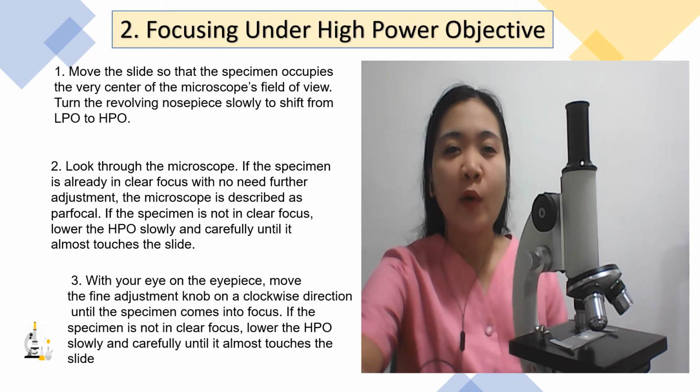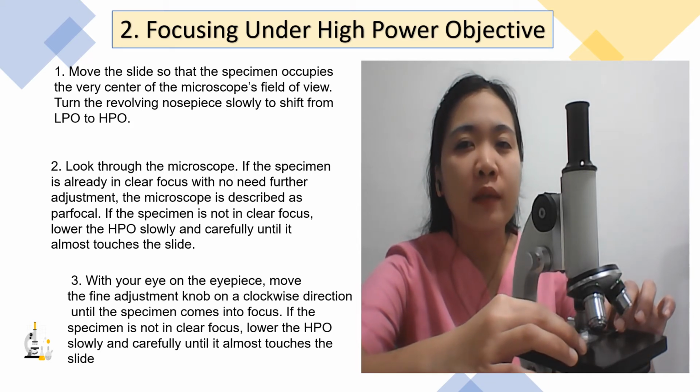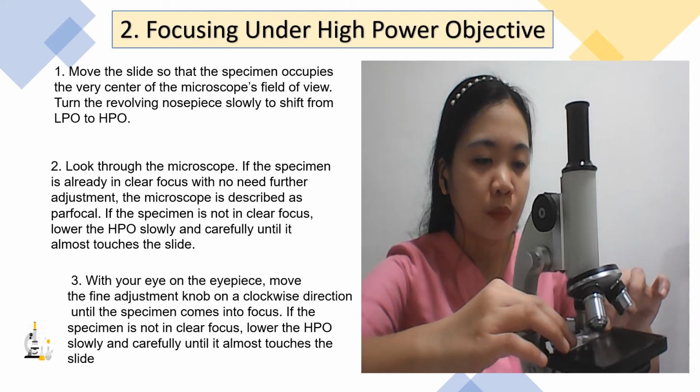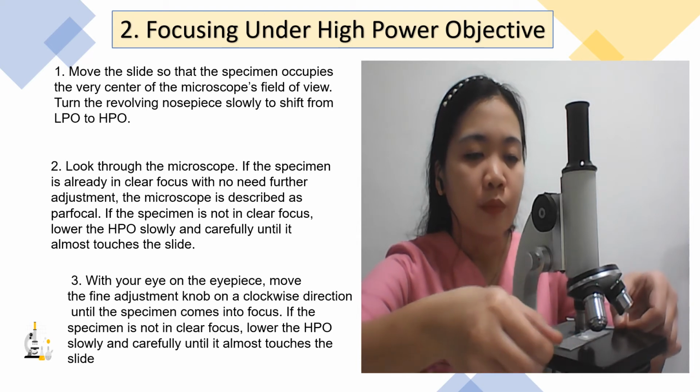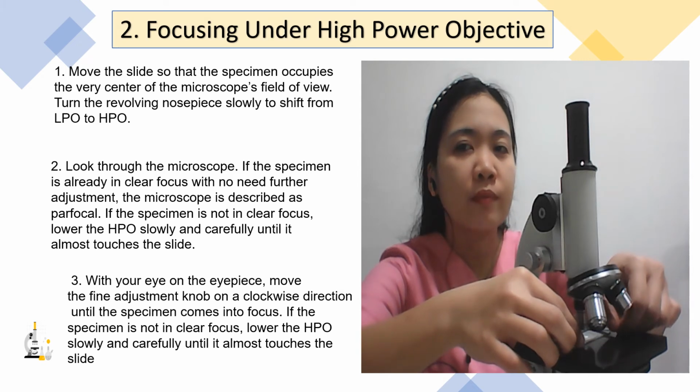Now, we are ready to focus our specimen under the HPO or high power objective. Move the slide so that the specimen occupies the very center of the microscope. Hold it in place using the stage clips.